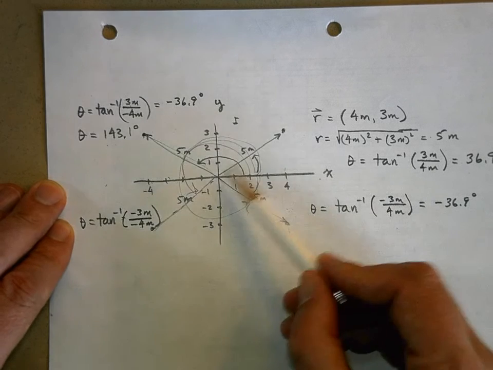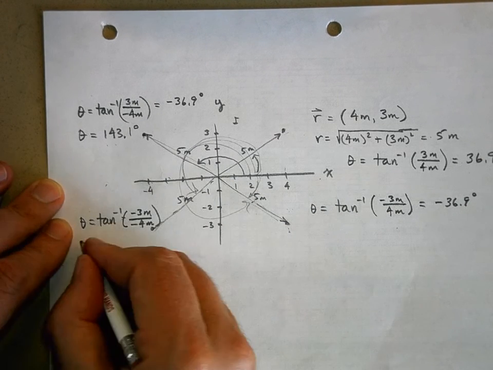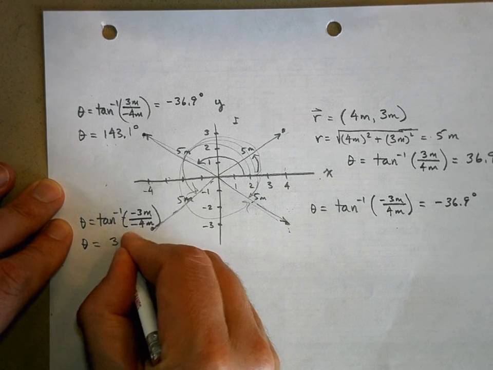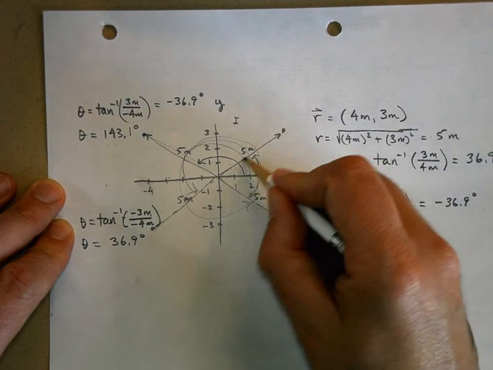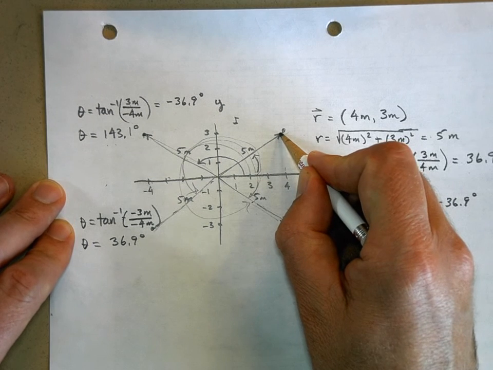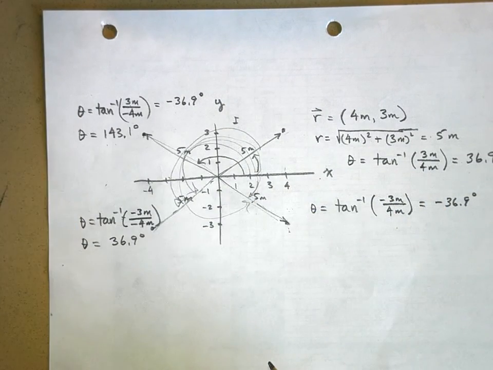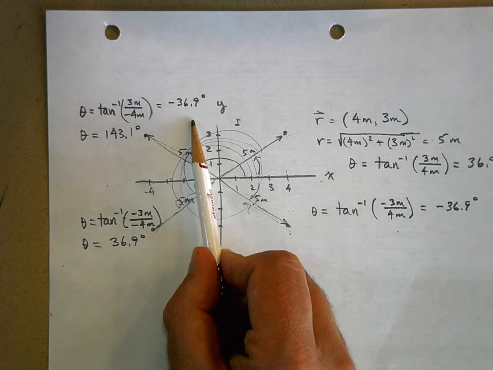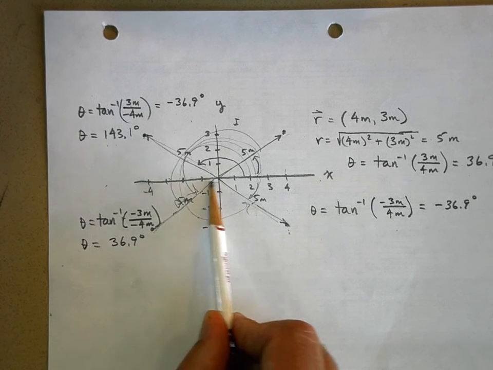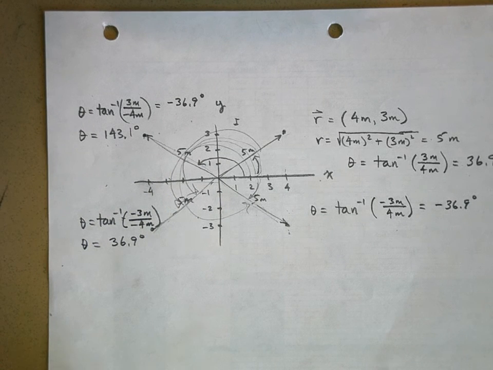And your calculator is going to think you're in the 1st quadrant. So when you plug this in your calculator, you get 36.9 degrees. But that's not where you are. Here's 36.9 degrees up here. What do I have to add to it to get to where I really am? 180. So look, on the left side, in quadrants 2 and 3, your x component is negative. And on both of these, I had to add 180 degrees to get to the correct angle.